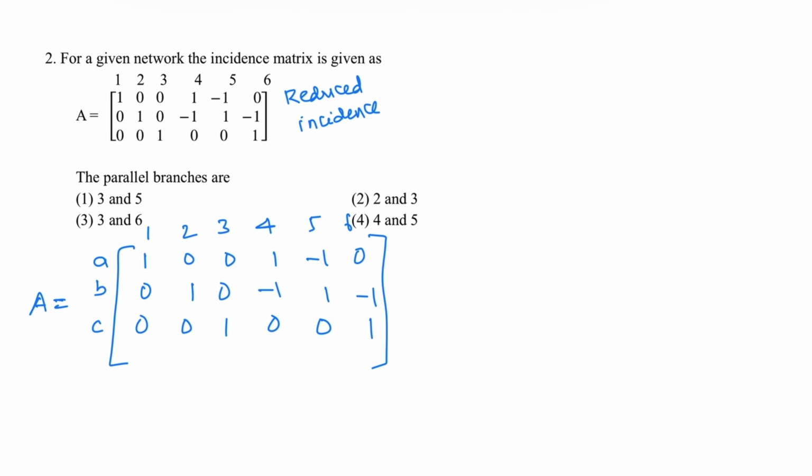Here the missing element is minus 1, so that each column contains plus 1, minus 1 and the sum of elements in each column is 0. Next, the element missing in column 2 is minus 1, minus 1, 0, 0. In the last column, plus 1, minus 1 is present, so the last element is 0.